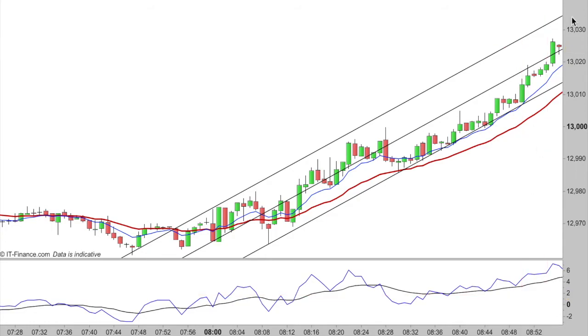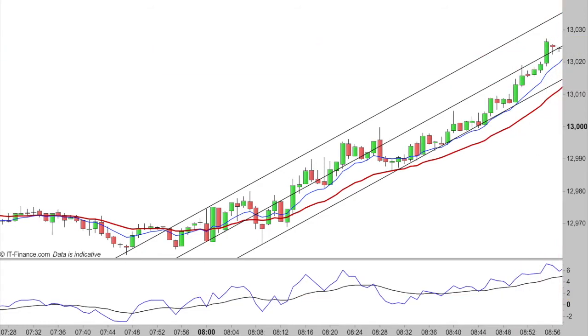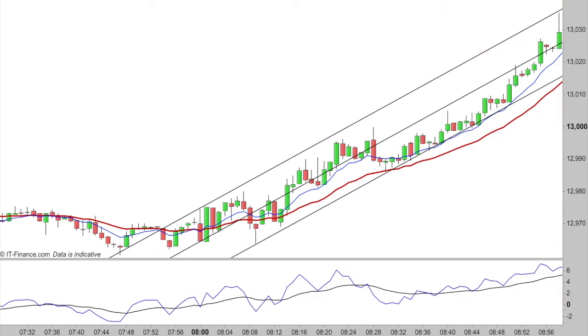You can see now it's moved into the upper channel, and it continues to move upwards. This price action here broke the trend line slightly, so it's always wise, when that sort of thing happens, to just alter your trend lines.